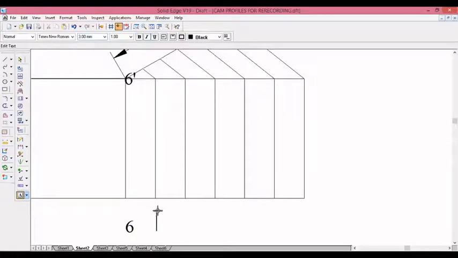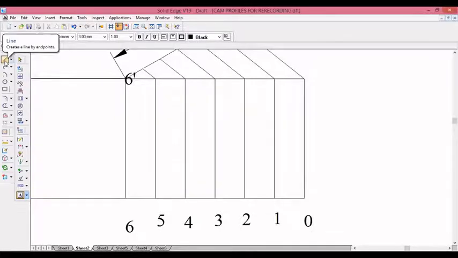So this is 5, 4, 3, 2, 1, 0. And the line that we divided vertically, that also we need to consider in a reverse direction. So this point will be 6 now. I take a smaller font size. So this is 6 and the end point is 5.